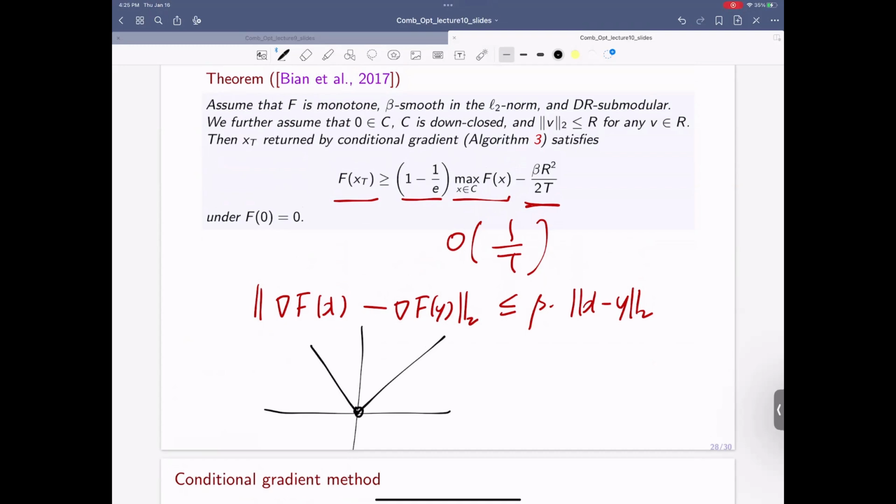The point is you apply smoothness. If your function is smooth, you can always approximate your function by a quadratic function. That's one part. And then you use the monotonicity. Those are the only two components used in this proof.